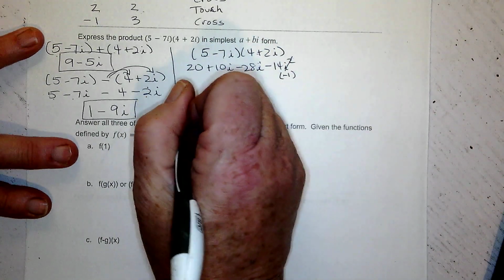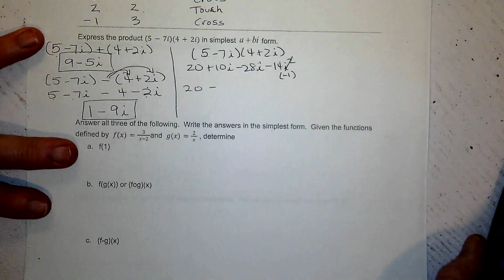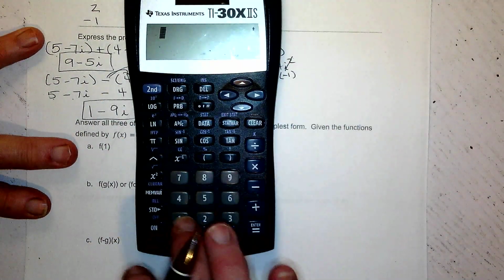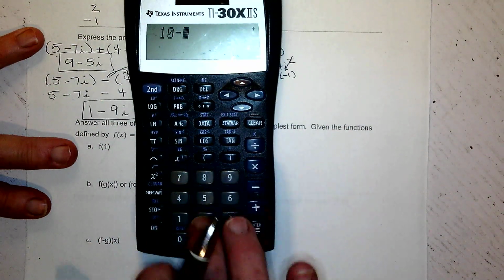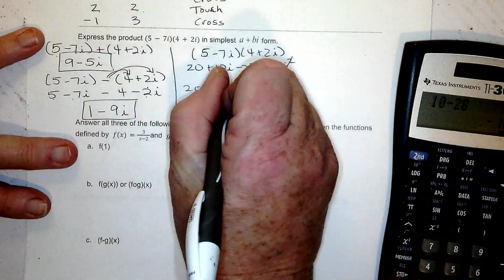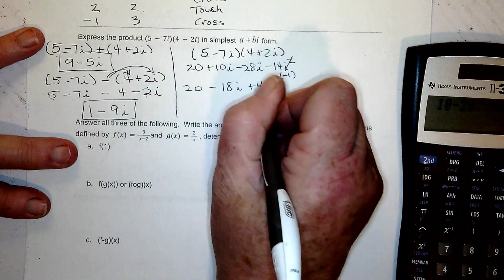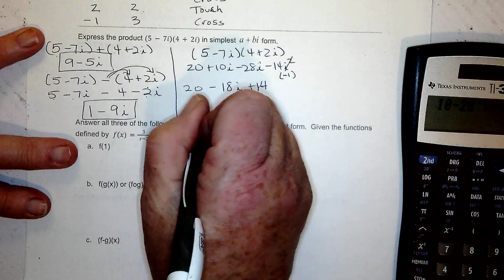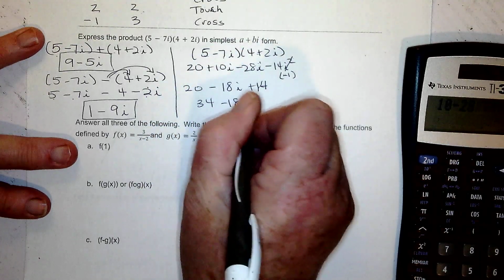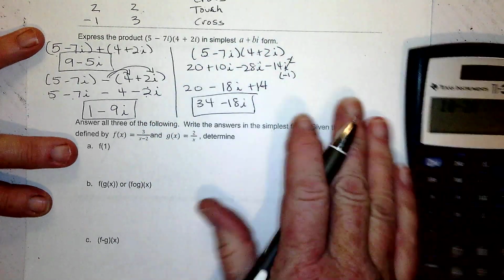So this becomes 20 minus 10 minus 28i, and then plus 14. 20 plus 14 is 34 minus 38i. There's the a plus bi format. That was the actual answer to this question.